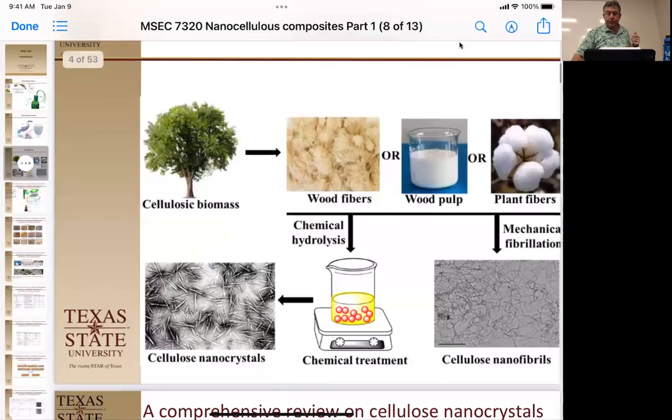Okay, so there's also different ways to make them. Most of the time when you do a chemical treatment on it, it's usually an acid-based hydrolysis. That's going to break up all the non-crystalline sections and give you just those nanocrystals, and they have smaller aspect ratios than the fibers.